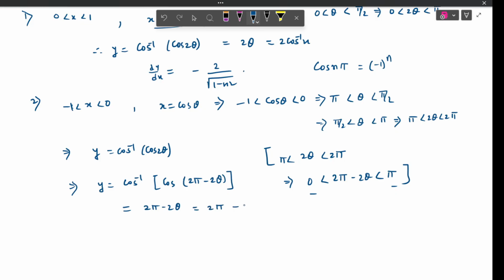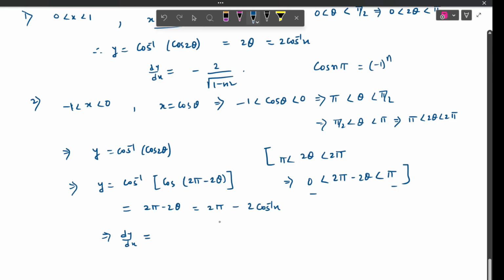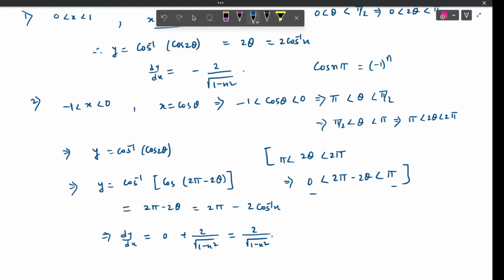So it is 2 pi minus 2 cos inverse x. Now if you differentiate, dy by dx would be, 2 pi differentiation is 0. Differentiation of cos inverse x is 1 by root under 1 minus x square, that is plus 2 by root under 1 minus x square. So it would be 2 by root under 1 minus x square.